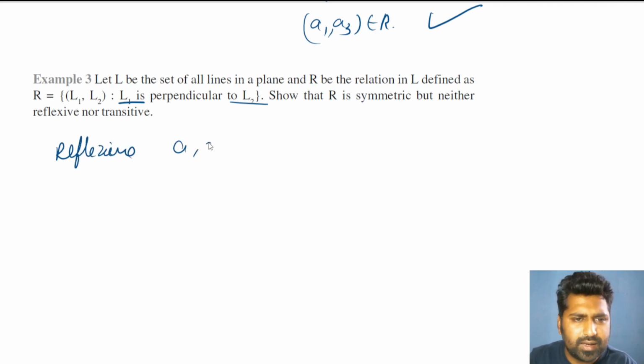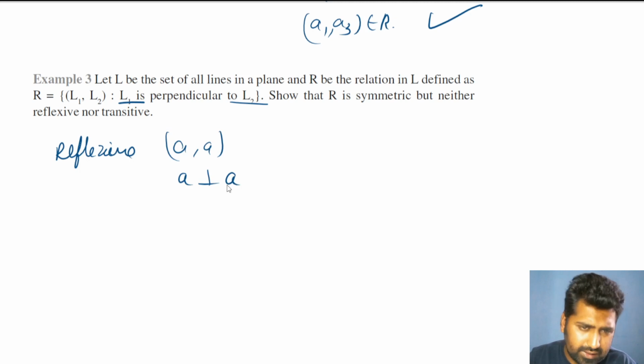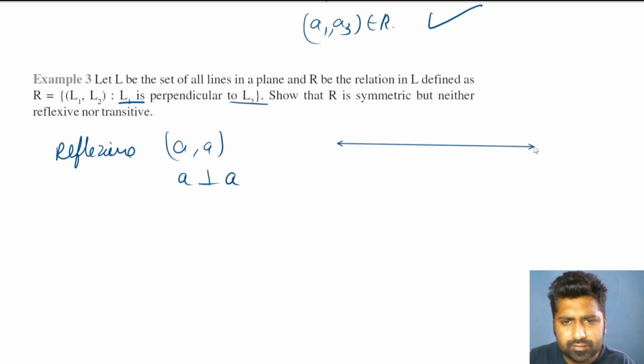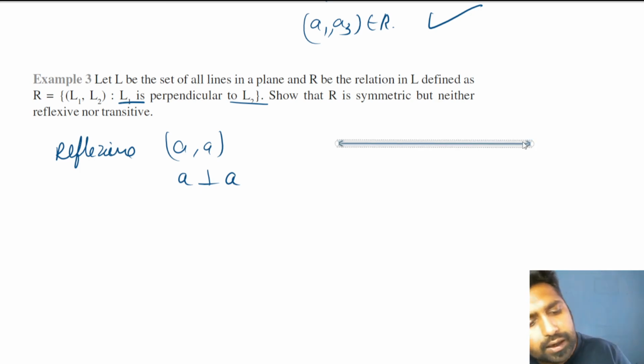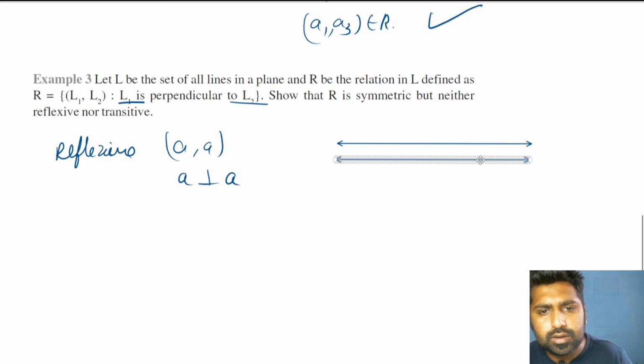Reflexive means (A, A). So there is a line A which should be perpendicular to A. Does it make any sense? A line is perpendicular to itself. This is a line, and I'm making a copy of it. It automatically generates a parallel line.